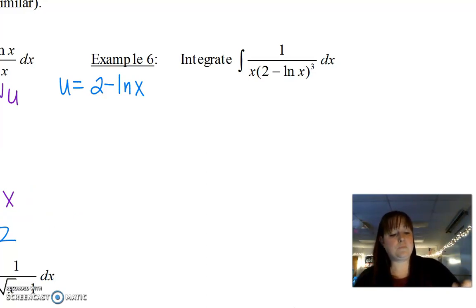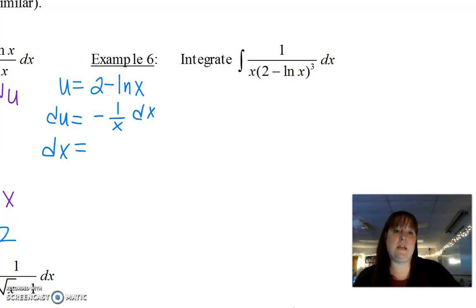And then that means du equals negative 1 over x dx, because the derivative of ln of x is 1 over x, and it's negative, which means dx, if I just multiply both sides of the equation by negative x, it's going to cancel it out, so I have negative x du. Okay, so now I can do my U-substitution.